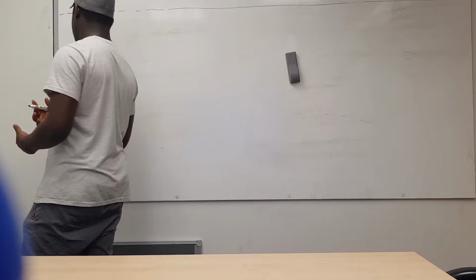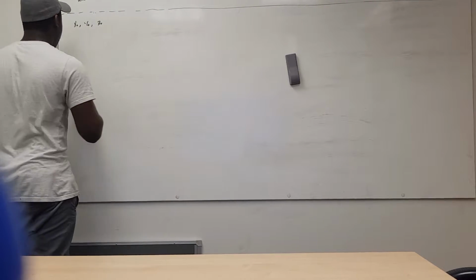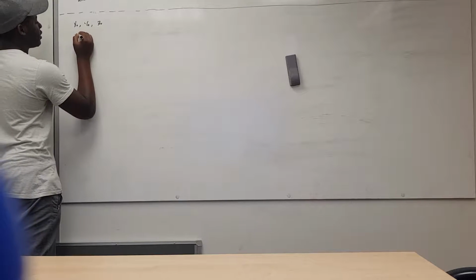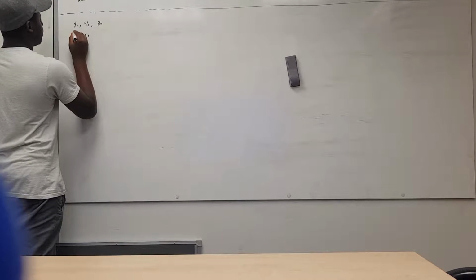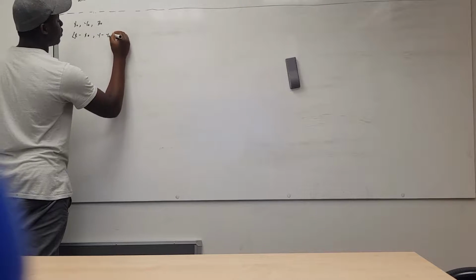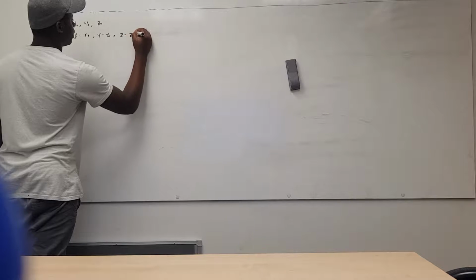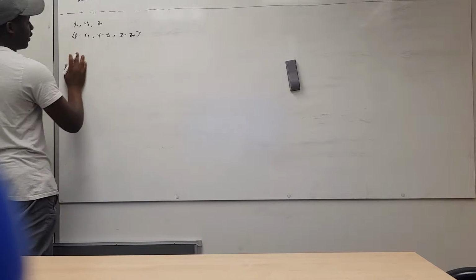So the position vector is going to be x minus x naught, y minus y naught, z minus z naught. These are vectors.